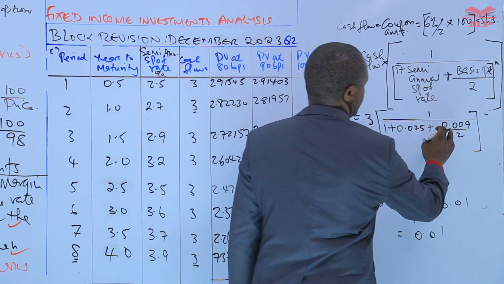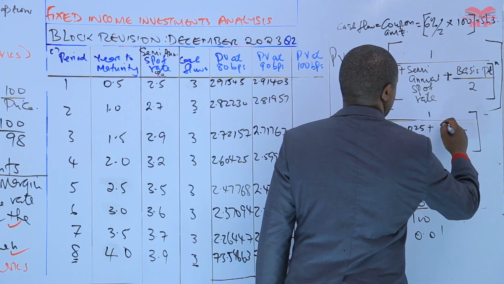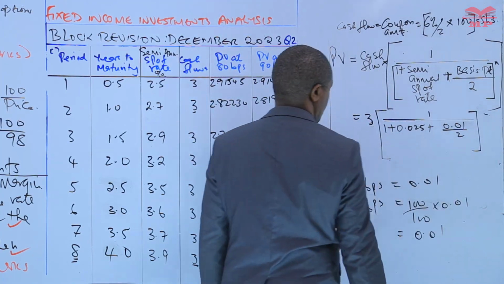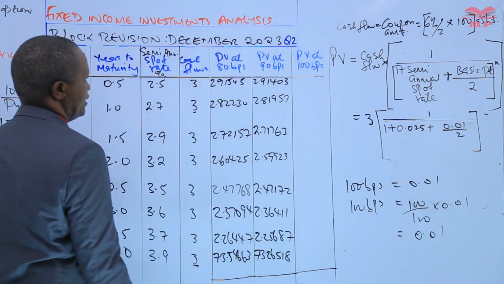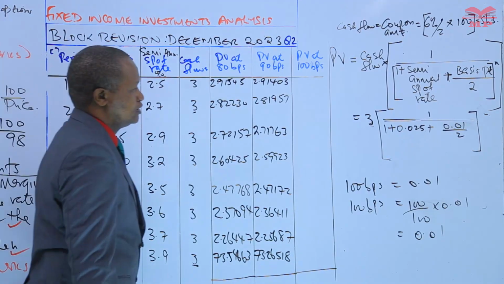So here the basis point changes to 0.01, which will apply from period 1 to period 8.